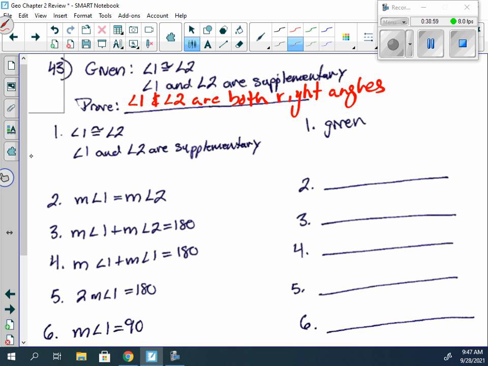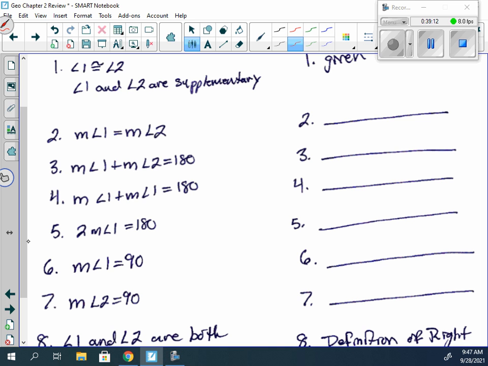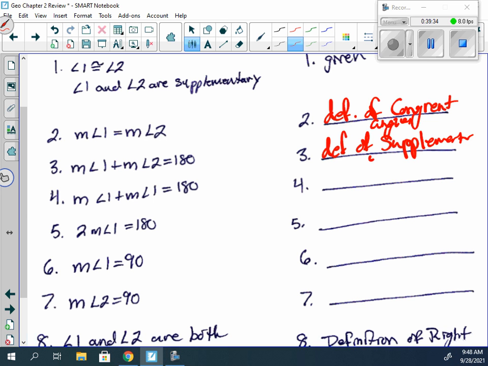So we're given angle 1 is congruent to angle 2, and 1 and 2 are supplementary. Since they're congruent, it means that they are equal. And since they're supplementary, it means they add together to be 180. So, definition of congruent angles, definition of supplementary angles.